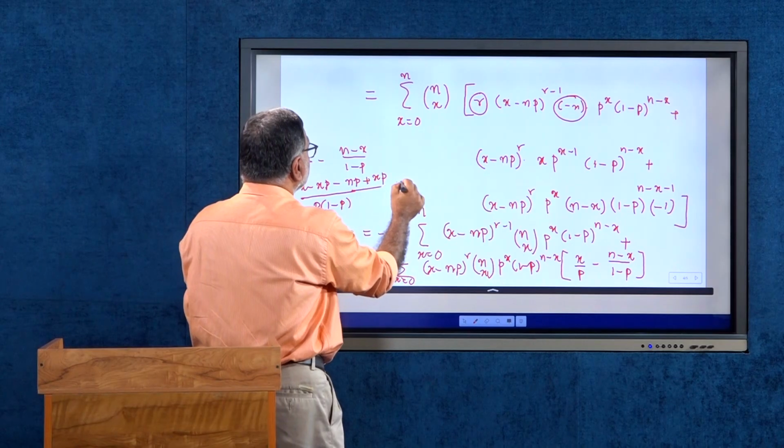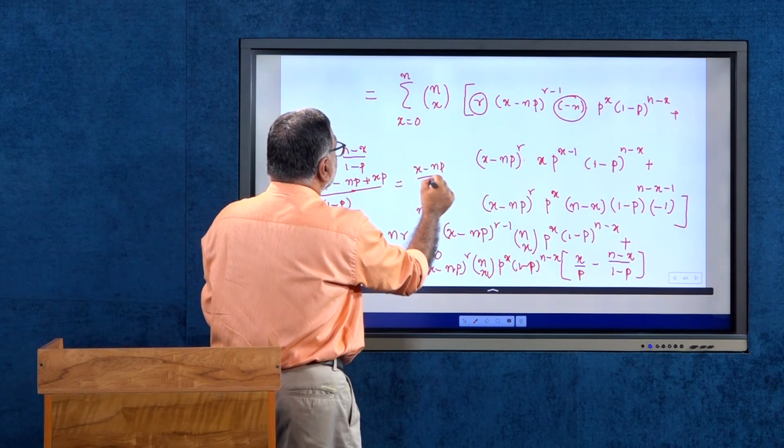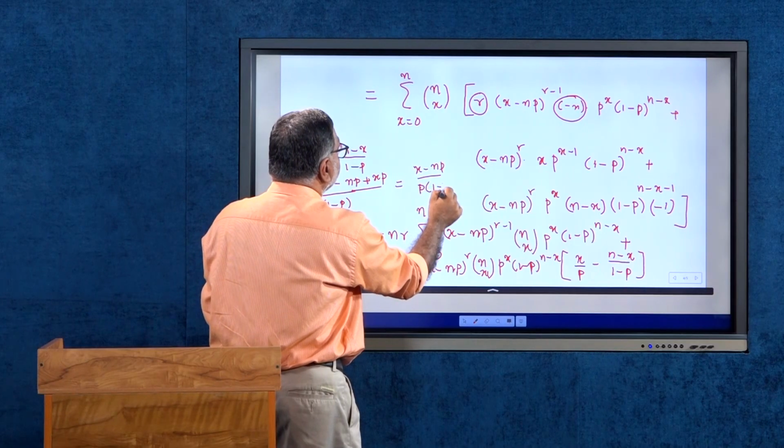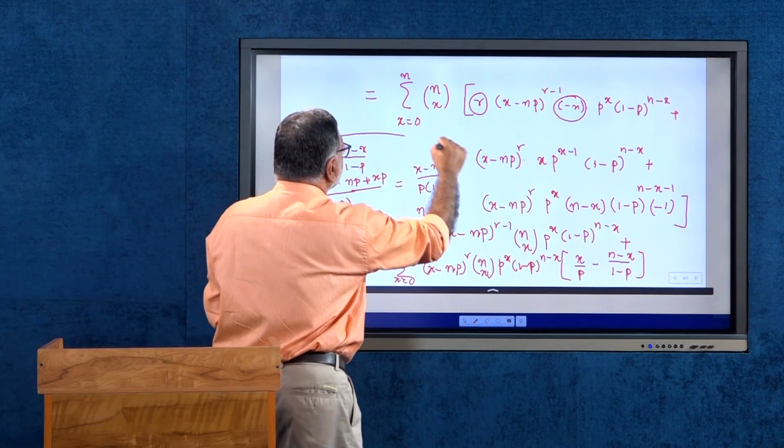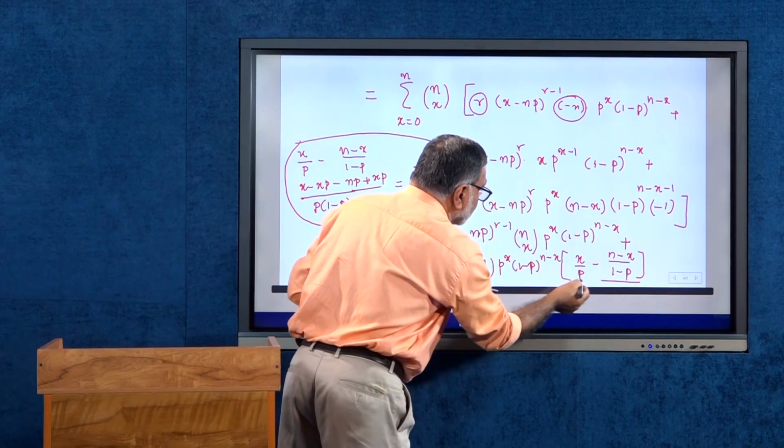So, that is (x minus np) divided by p into (1 minus p). So, just look, this is the simplified expression of this one.